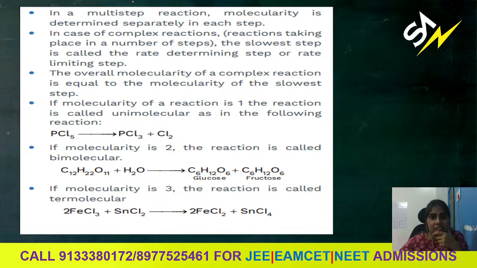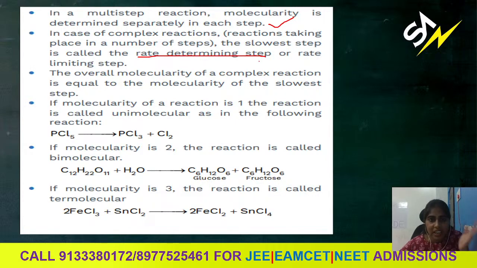And if we take a multi-step reaction, molecularity is determined separately in each step. For example, in case of complex reactions, the reaction taking place in a number of steps, the slowest step is called the rate determining step.